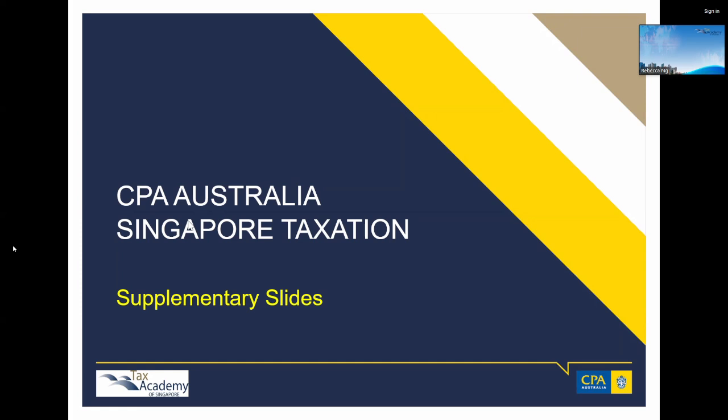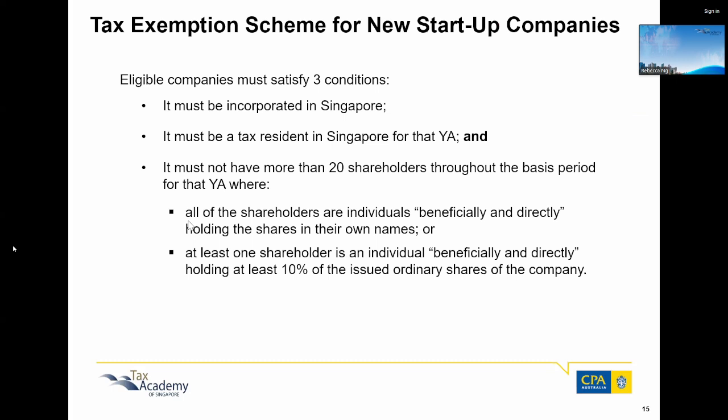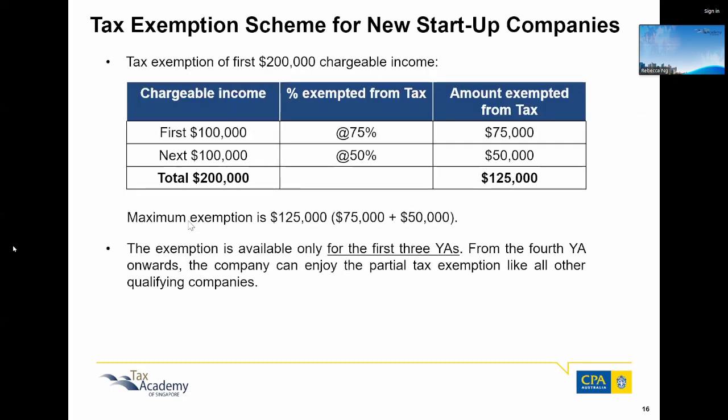The tax exempt amount for new startup companies is that for the first 100,000 at 75%, it would be 75,000, and the next 100,000 at 50% would be 50,000, and the total tax exempt is 125,000, as compared to 102,500 for normal companies.